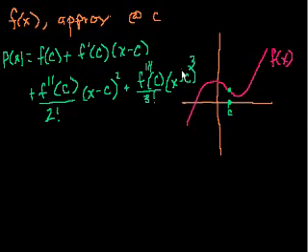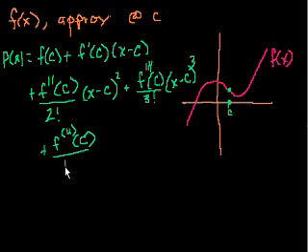And you could just keep adding terms. You could go on like this for infinity. But let me give you the intuition of what this is. Then you could add the fourth derivative of the function evaluated at c over 4 factorial times x minus c to the fourth.